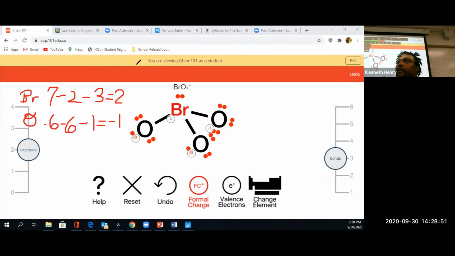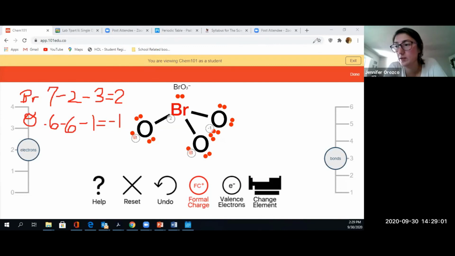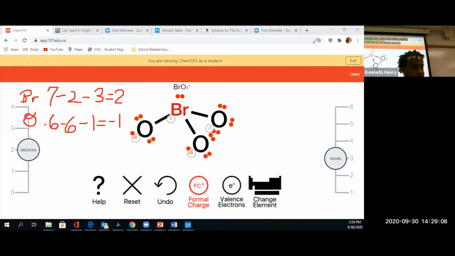Now, let's do some movement. And we know that bromine, where is bromine located on the periodic table? Which period? Atomic number 35, period 4. Period 4. So it's below period 3, right?